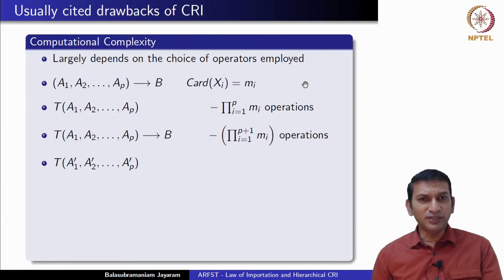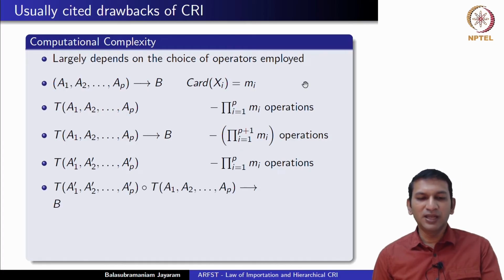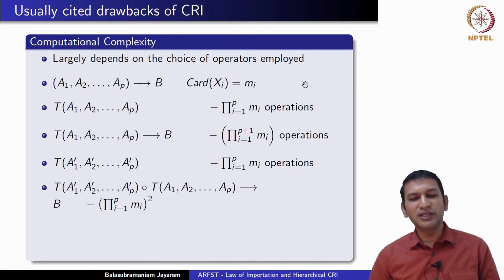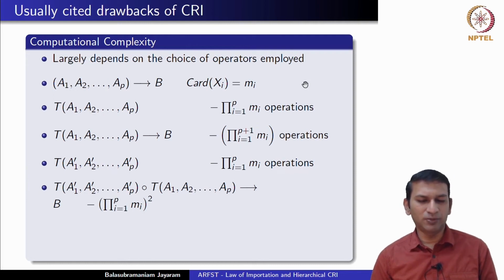Now once again for the inference itself, given an input A1 dash, A2 dash, up to AP dash, these things have to be combined, which means product of mi for i equal to 1 to p operations. And finally for the composition itself, we need the square of that operation.